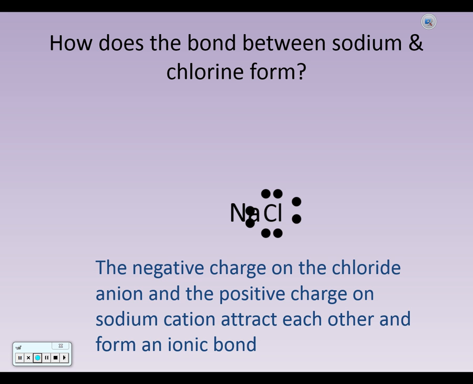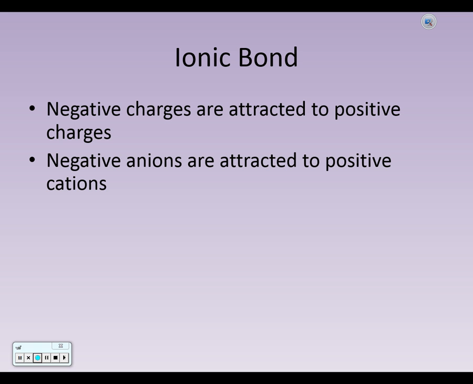Let's talk about ionic bonding in general. Okay? So, just as negative charges are attracted to positive charges, negative anions are attracted to positive cations, and vice versa. And if you look at the very first thing we wrote down on this outline, what was it?